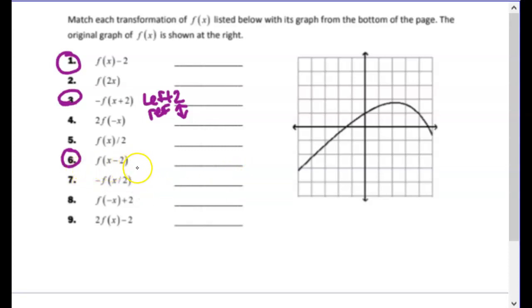Number 6? Number 6 just says move it right 2. It's going to look exactly like this, moved to the right 2. So all of those points move to the right 2, and it's probably cut off on the graph.